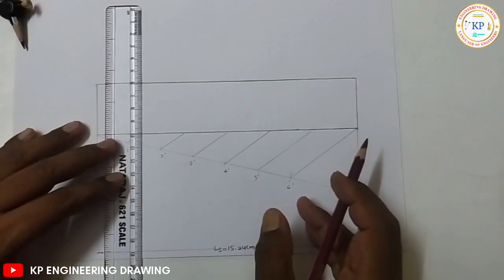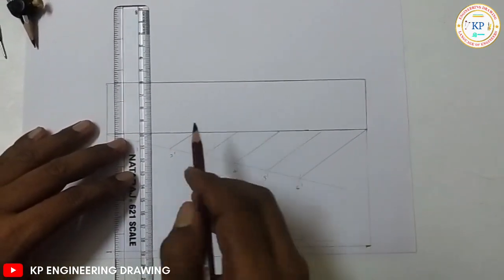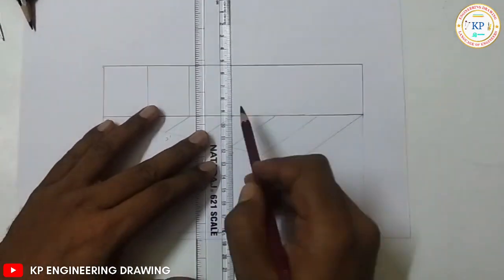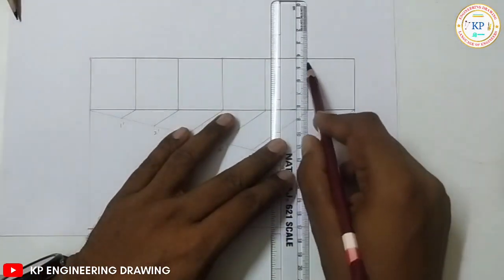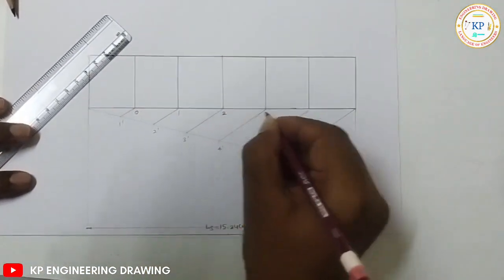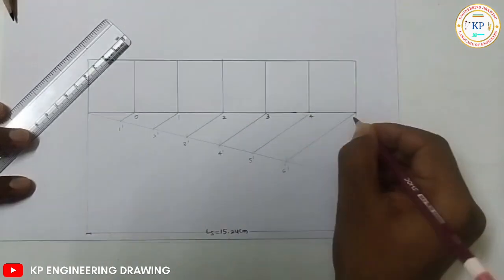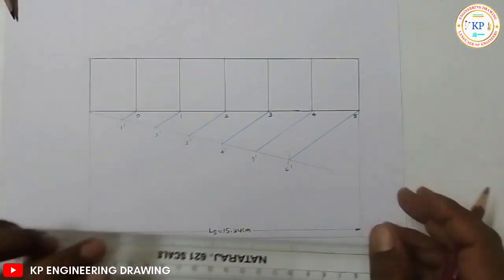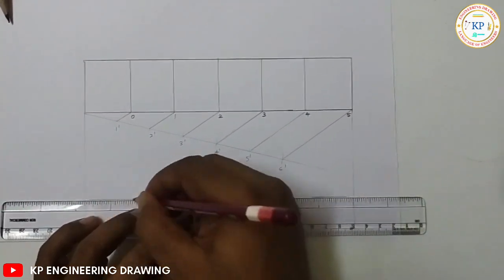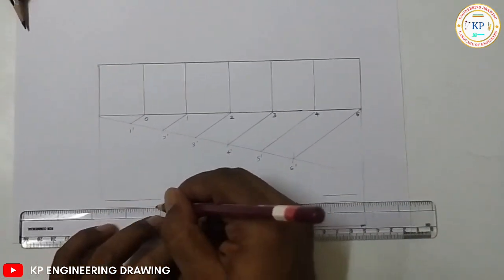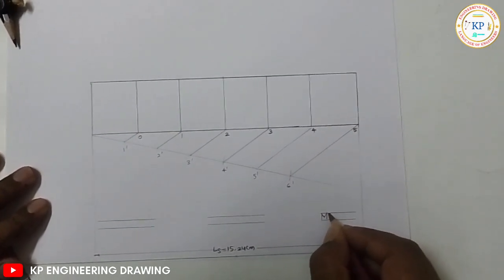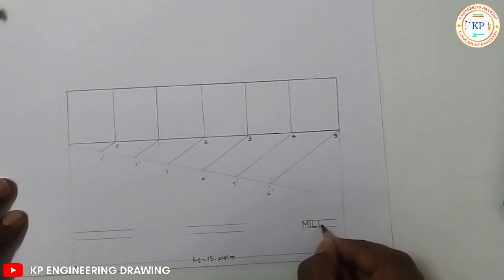Right, now we draw all vertical lines. So say it is 0, 1, 2, 3, 4 and 5. This is the main scale, and it is the mile scale.